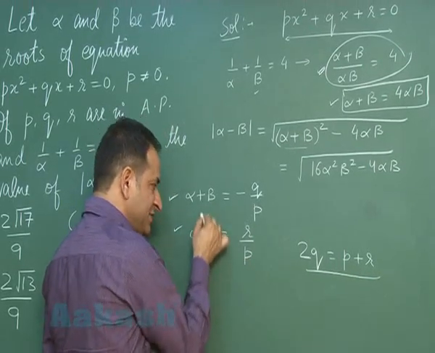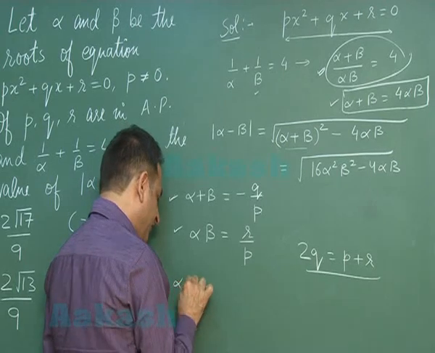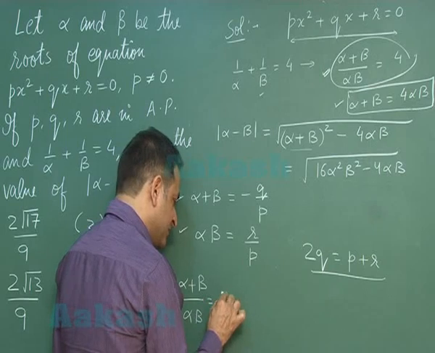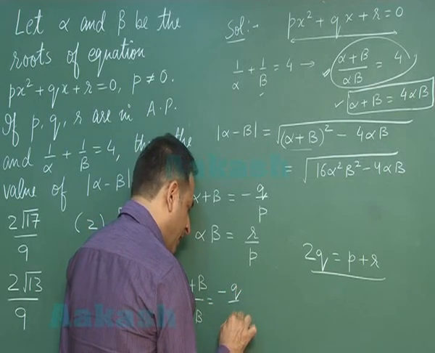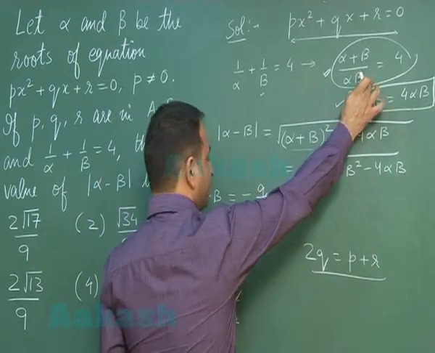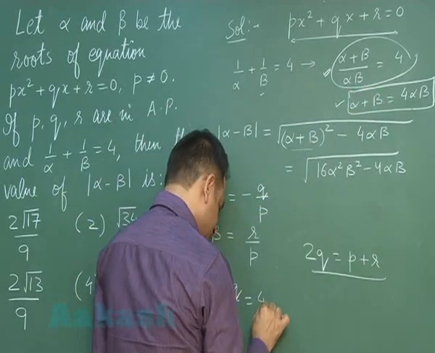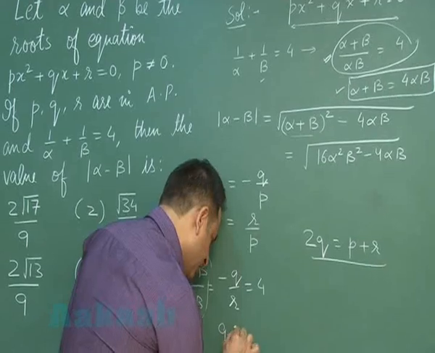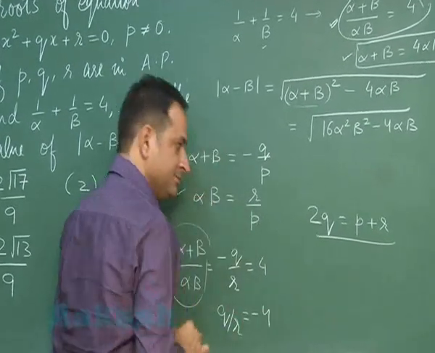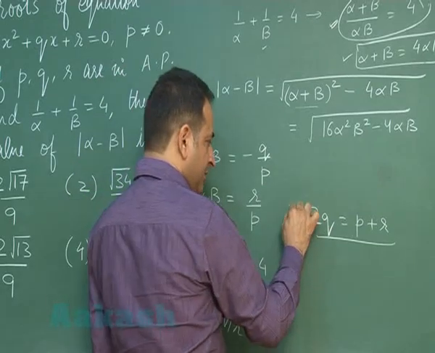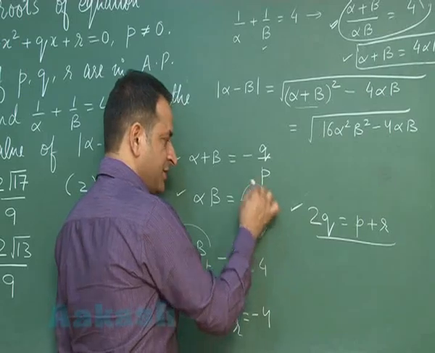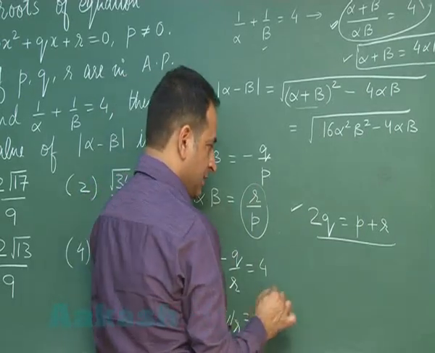Now if you divide these two, we have alpha plus beta upon alpha into beta, that is equal to minus q by r. Now the value of this is given to us, it is equal to 4. So q by r is equal to minus 4. Now again, by using this relation, we will be able to find out the ratio of r by p.